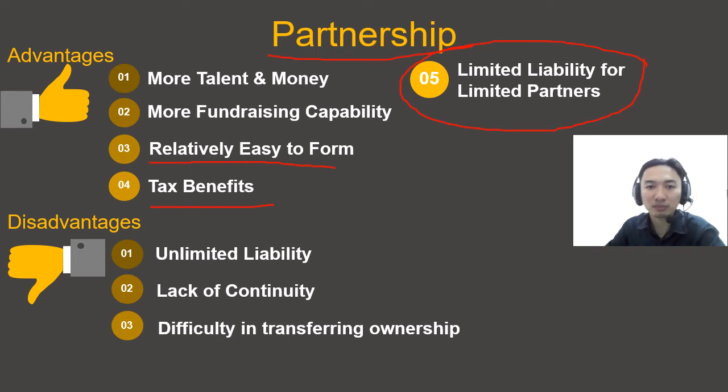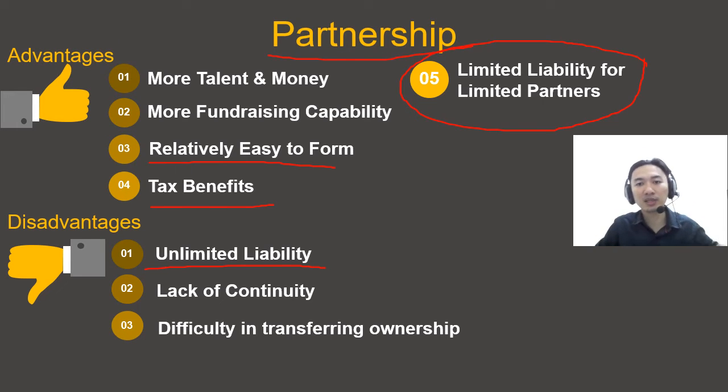And here are the disadvantages, the problems with partnership. The first one is unlimited liability for the general partner. You have to remember one thing. Under Section 7 of the Partnership Act 1961, the decision of each partner in carrying out the usual operation of the business will bind his partners as well.